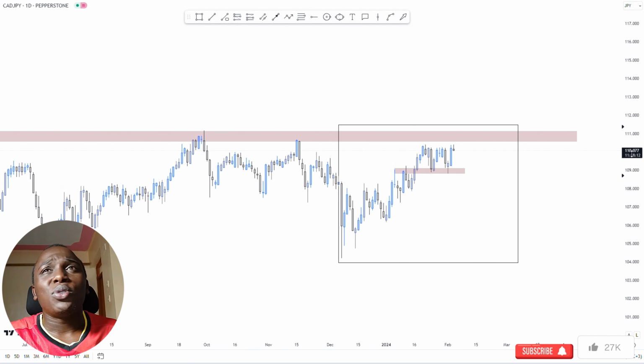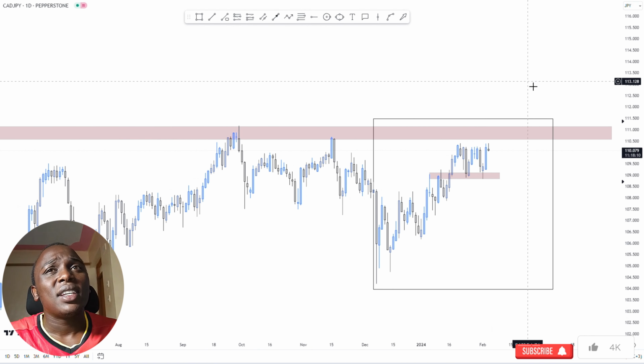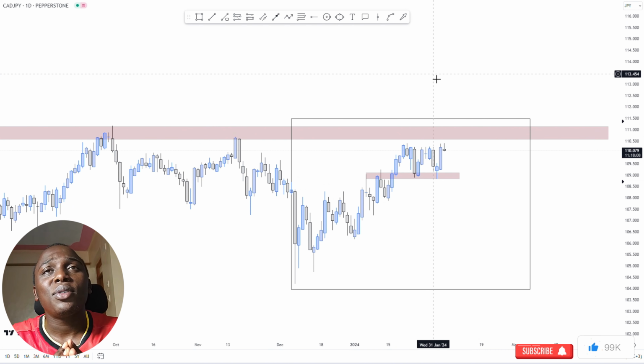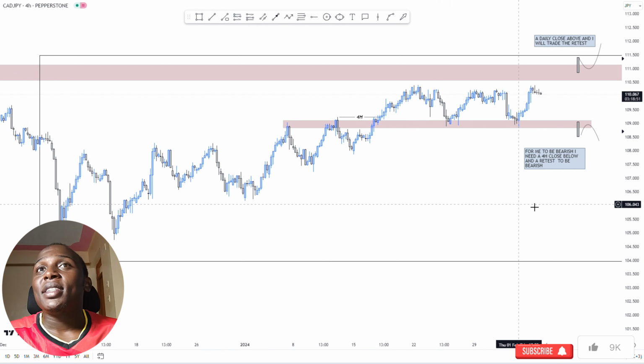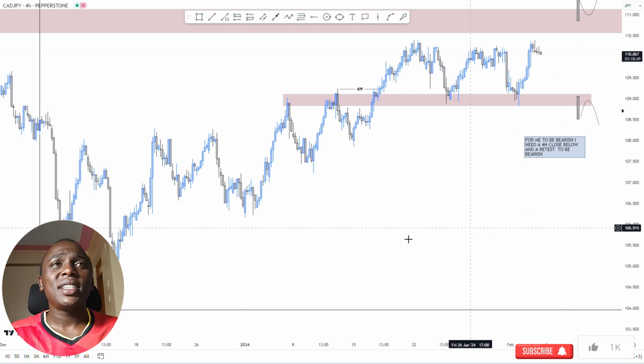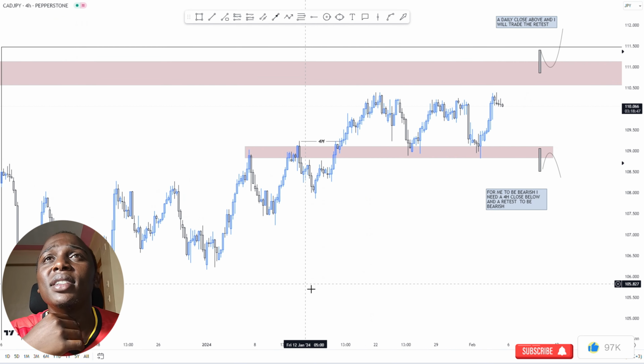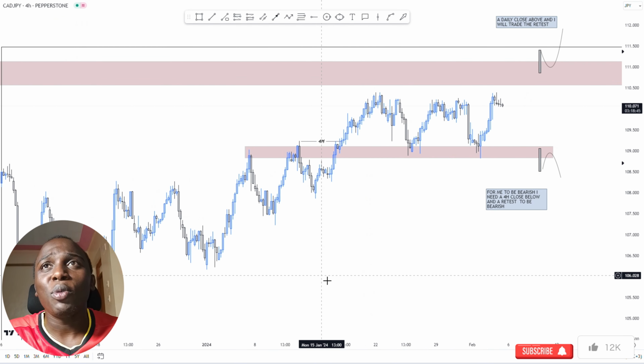So from there we go to the 4-hour time frame and see how the structure is forming. 4-hour time frame, Canadian dollar Japanese yen. As you can see, the structure has been kind of losing momentum.